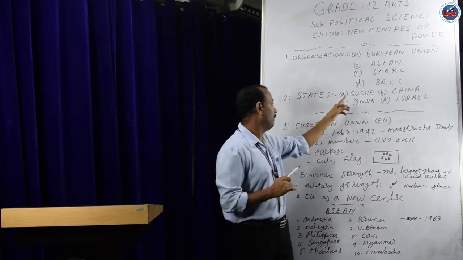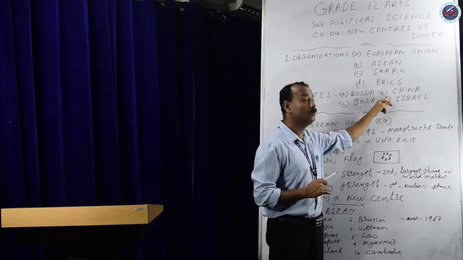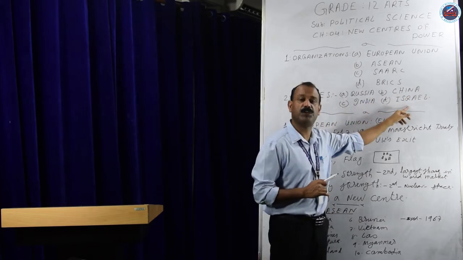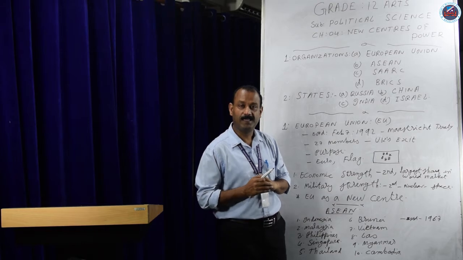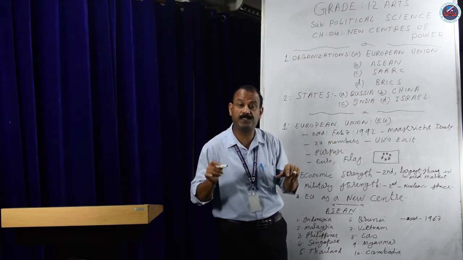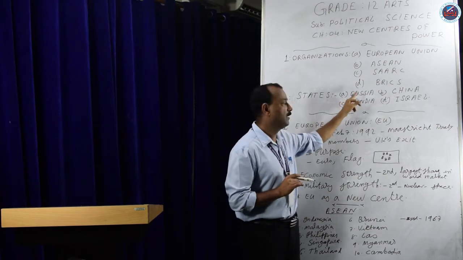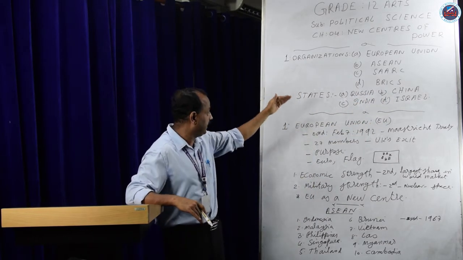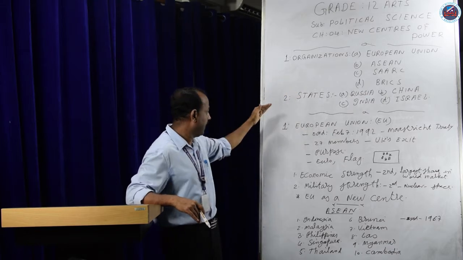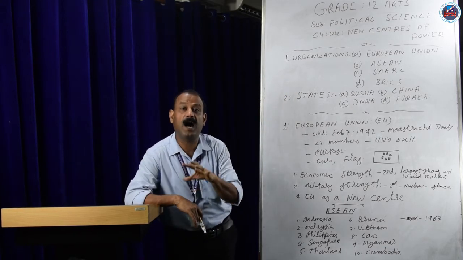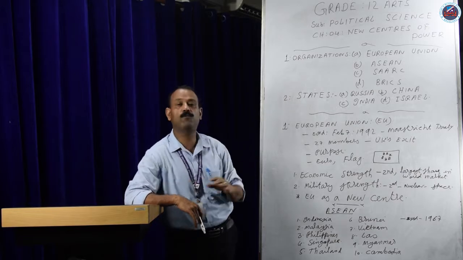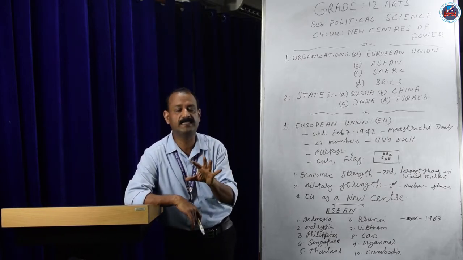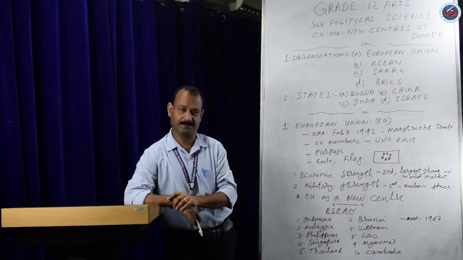They are, number 1, Russia, number 2, China, number 3, India, and the 4th, Israel. So once more, the states that are coming up as new centers of power in your syllabus: Russia, China, India, and Israel. All these 4 organizations and 4 states are called new centers of power in the world. And we will be discussing all these in detail in this chapter.